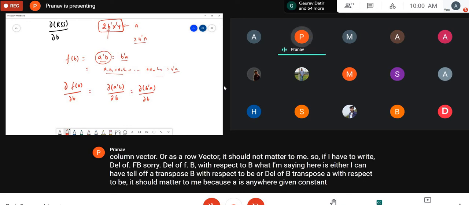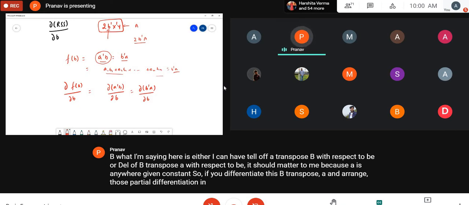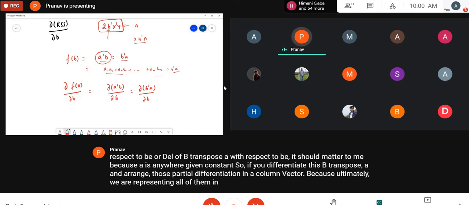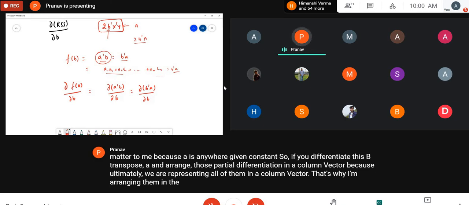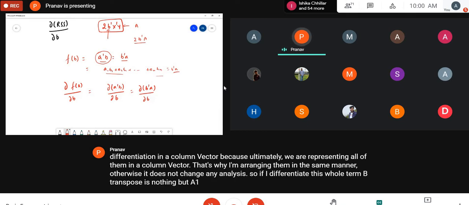It shouldn't matter to me because a is anyway a given constant. If you differentiate this b transpose a and arrange those partial derivatives in a column vector, because ultimately we are representing all of them in a column vector, that's why I'm arranging them in the same manner, otherwise it does not change any analysis. b transpose a is nothing but a1 b1 plus a2 b2 plus a3 b3 till an bn, assuming there are n elements.